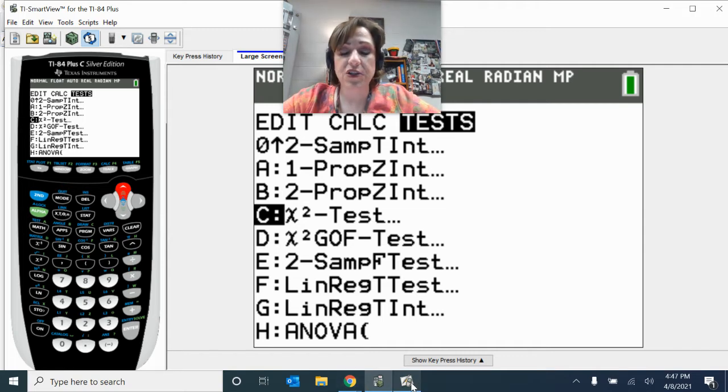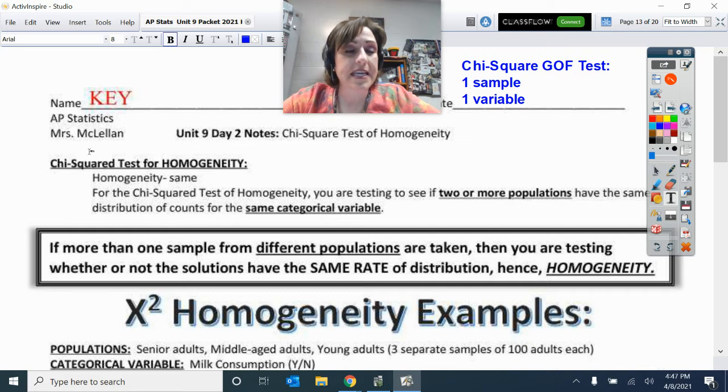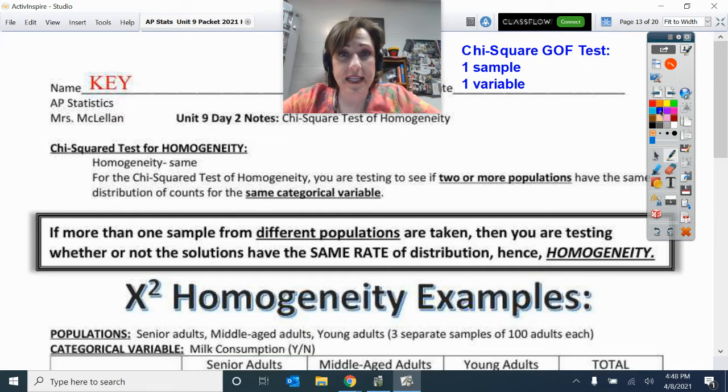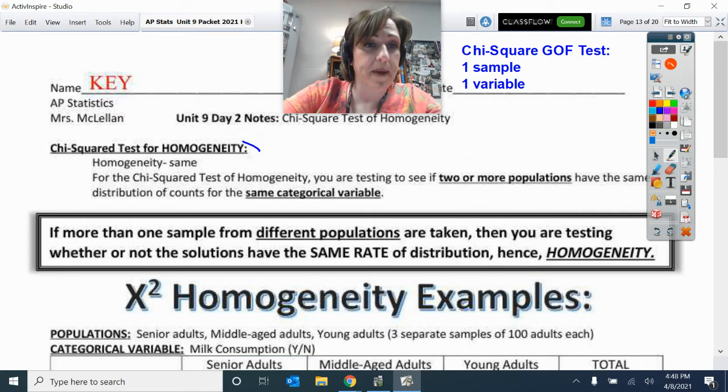So let's take a look at what that means. There's two kinds. One is called homogeneity, and that's the one we're going to talk about today. So chi-squared test of homogeneity. And then chi-squared test of independence, which we'll talk about tomorrow.